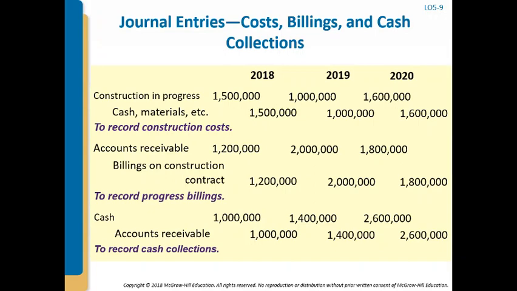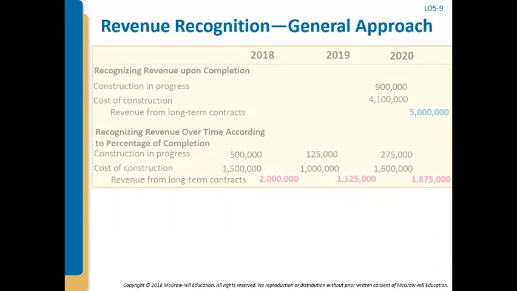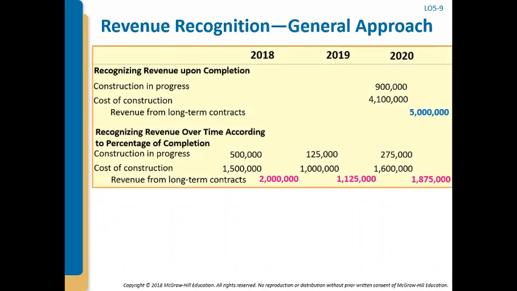All right. And then last but not least, when you receive cash, you're going to debit it and back out your accounts receivable. As far as revenue recognition is concerned, here's what that would look like as far as the entries.